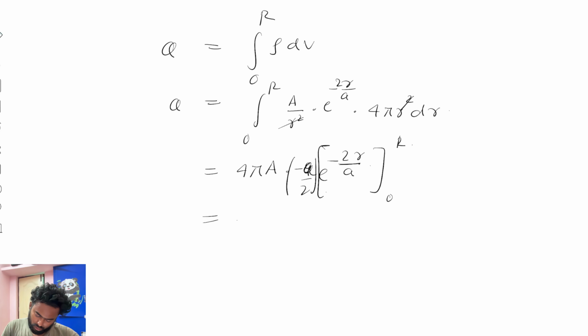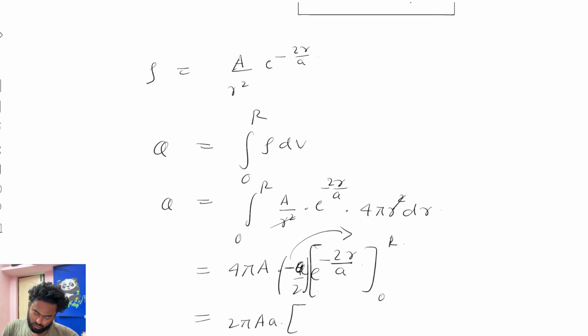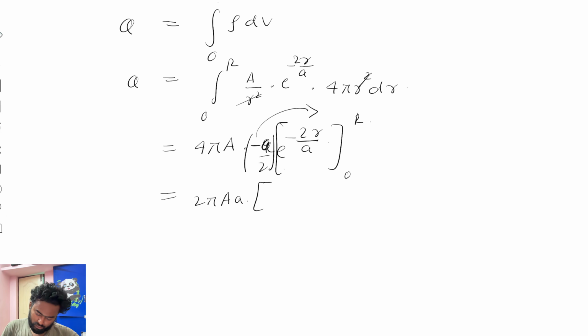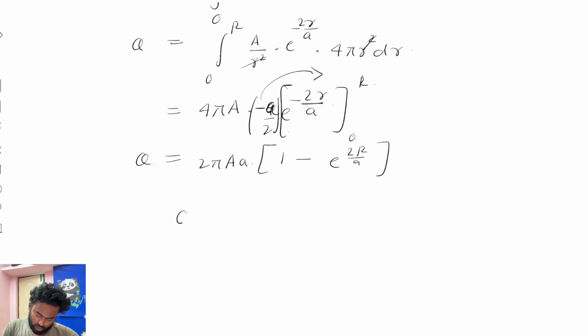With what limit do we have to place? 0 to capital R. Okay, so 2 pi a into small a, taking this minus inside, the limit will change, so the lower limit will become the higher limit. So first we will put 0, that is 1, and then minus 2 capital R by a, that is Q. So we'll get Q upon 2 pi capital A small a equals 1 minus e power minus 2R by a.